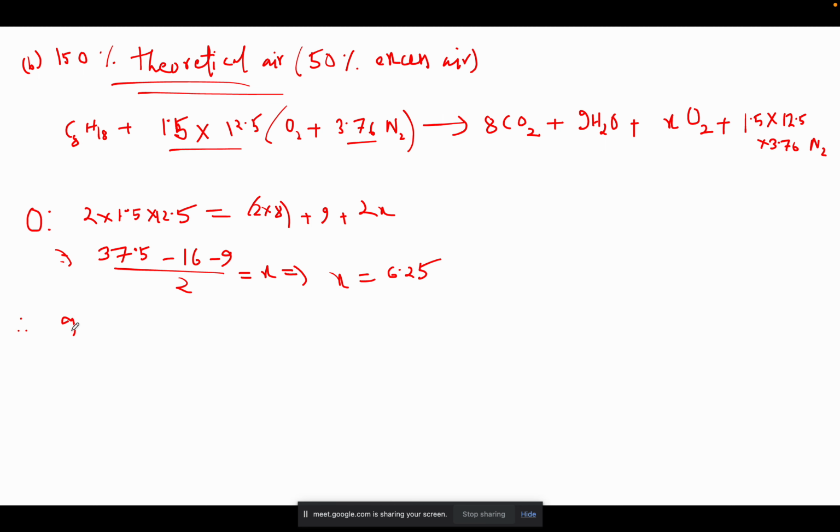Okay, so now therefore the complete combustion reaction is C8H18 plus, if you multiply this 1.5 and 12.5, 18.75 (O2 plus 3.76 N2).